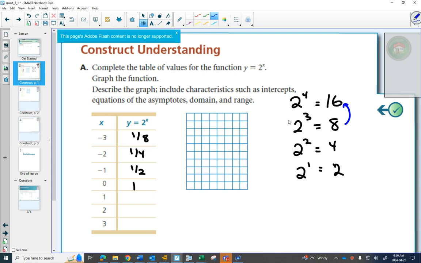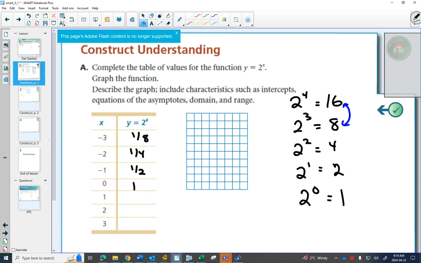But doubling each time you go up, you could also look at it as going backwards. If I continue the pattern here, 4, 3, 2, 1, what do you think I should put next? 0. If I continue the pattern here, divide by 2, divide by 2, divide by 2, it makes total sense that it's equal to 1.